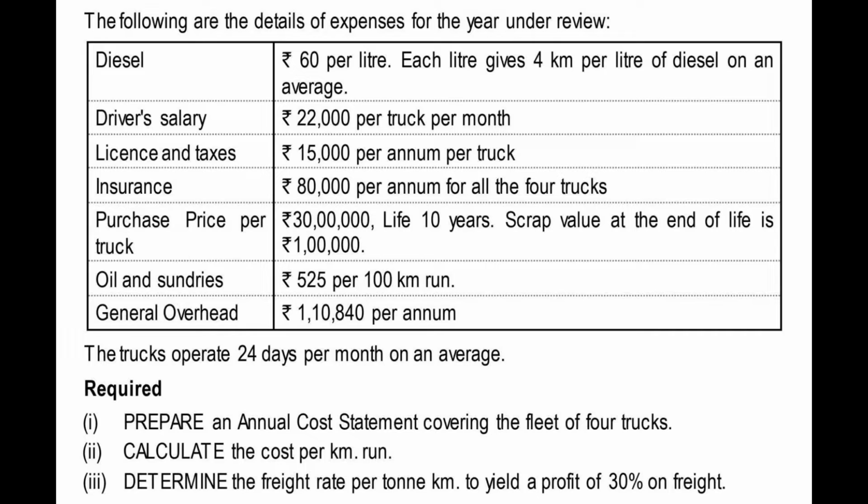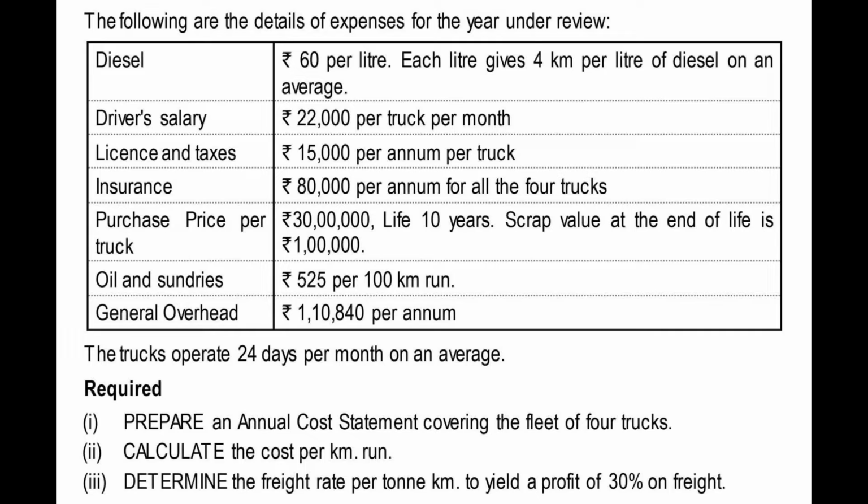Diesel rupees 60 per liter. Each liter gives 4 km on average. Driver's salary 22,000 per truck per month. License and taxes 15,000 per annum per truck. Insurance 80,000 per annum for all the 4 trucks.